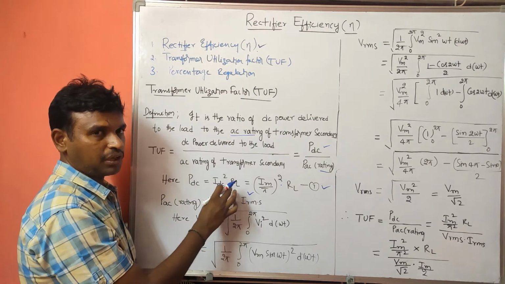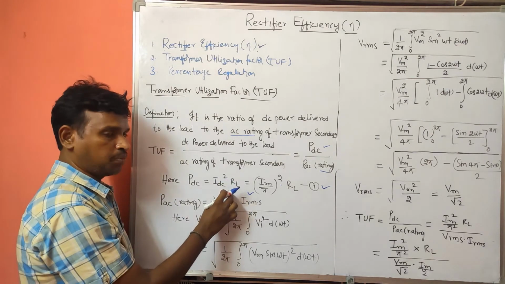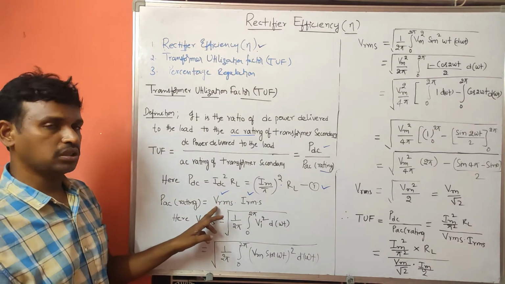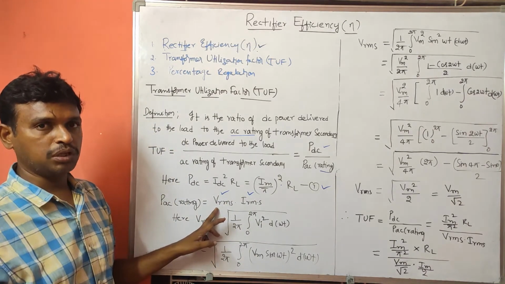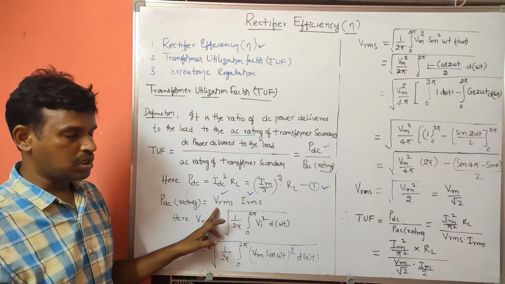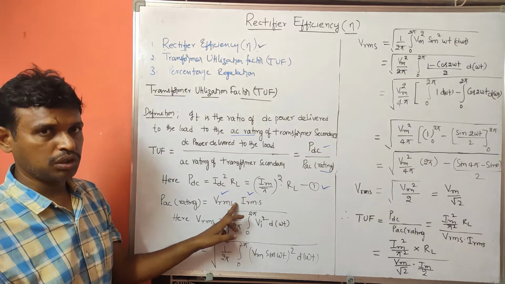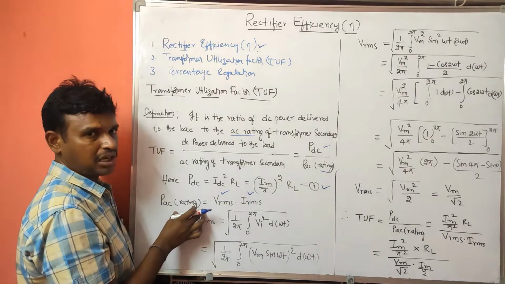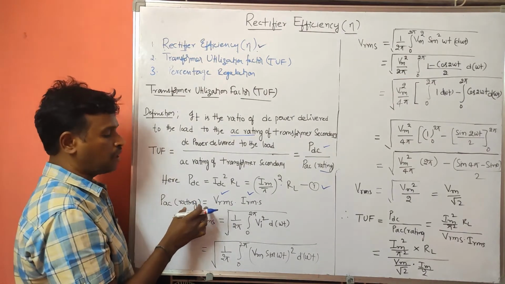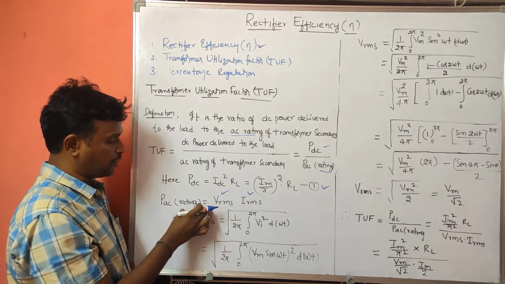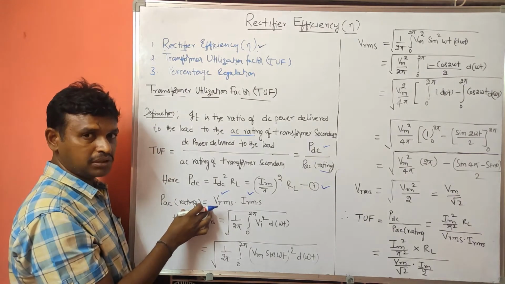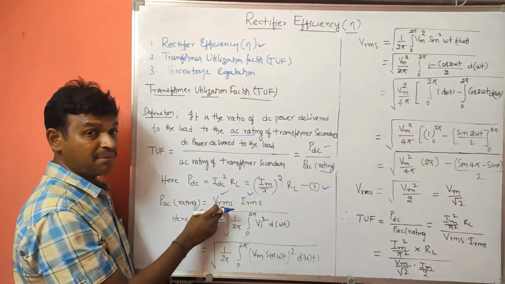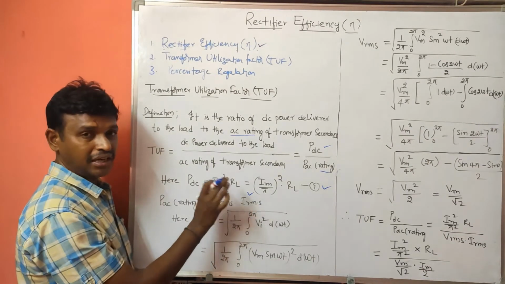That is the effective input voltage multiplied with the effective current, the RMS value of the transformer secondary voltage multiplied with the current that is flowing, that is IRMS. Here we will get the transformer secondary rating by multiplying the RMS values of voltage and current.